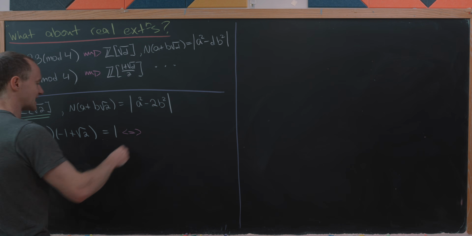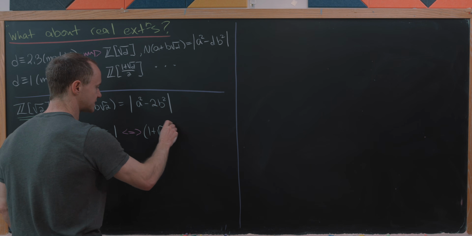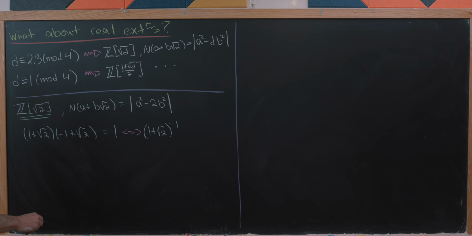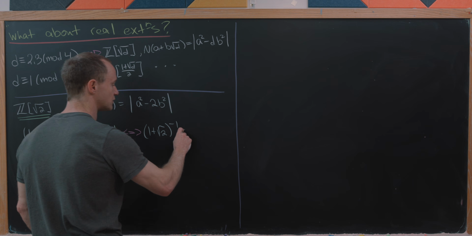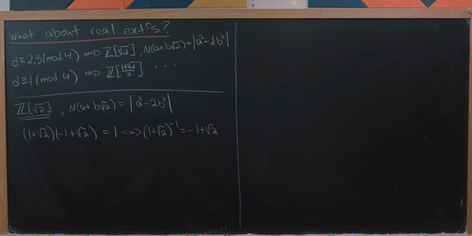But let's observe that that's equivalent to saying that the multiplicative inverse of 1 plus the square root of 2 is equal to negative 1 plus the square root of 2. But in fact, there are infinitely many of these, and we can grab infinitely many of these simply by taking this defining equation right here to the second power, the third power, the fourth power, so on and so forth.